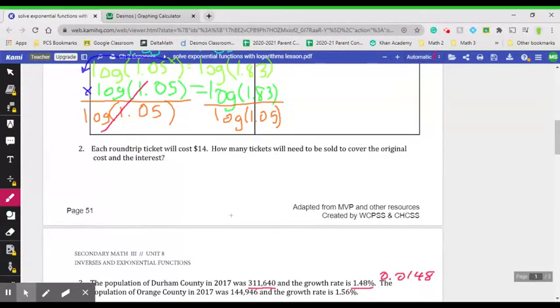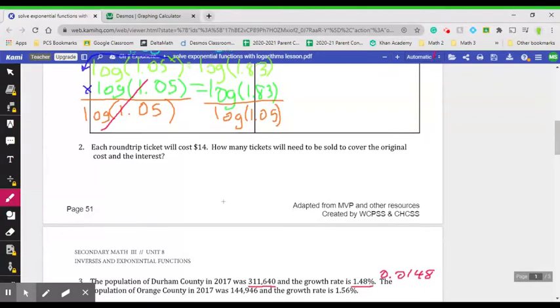Given that the population of the whole country is only about 330 million, that would be a very large number of people using this. So it would take a very, very long time. And I think that would be enough of an argument to say that it may need more than just ticket costs to overcome that amount of money.